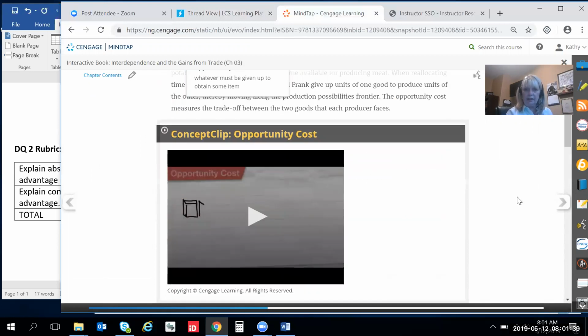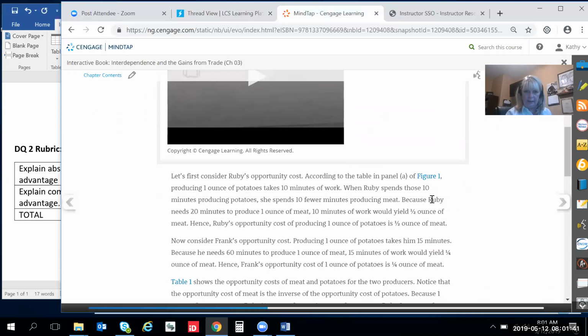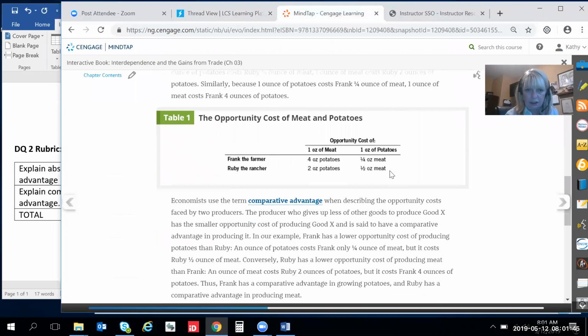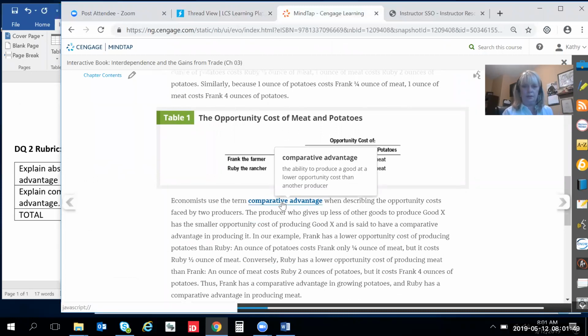And then finally, as we scroll down again, we come to comparative advantage down here. And comparative advantage is the ability to produce a good at a lower opportunity cost than another producer. So we know what opportunity cost is, we know what comparative advantage is, and we know what absolute advantage is. Are we ready to go?